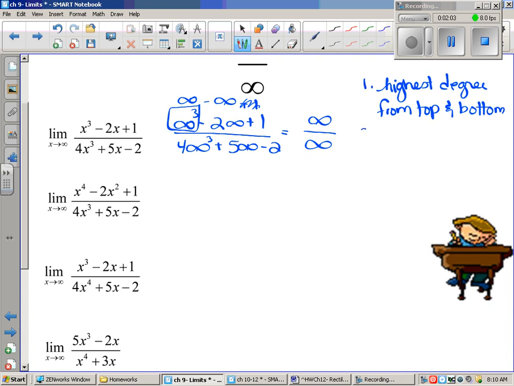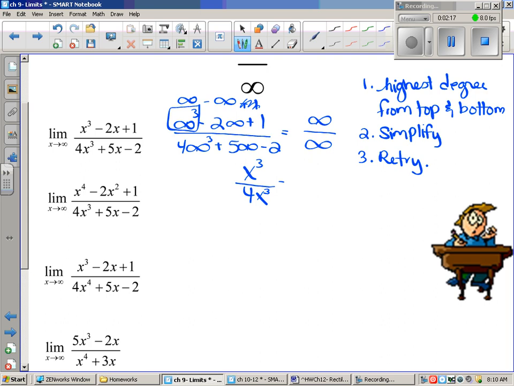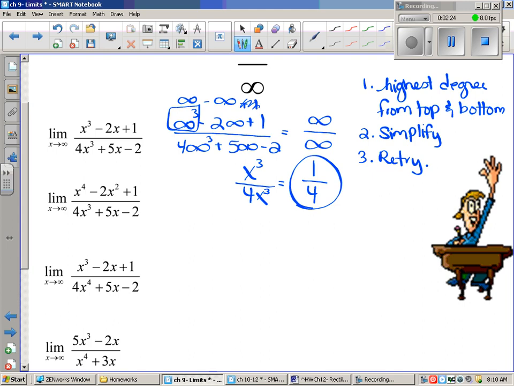That's step one. Then you're going to simplify and, if necessary, retry the limit. So in this case, I'm going to take the highest degree from the top, the highest degree from the bottom, and then we're going to simplify. That makes that 1 over 4, and notice there's no place to put the x. The answer to that is 1/4.